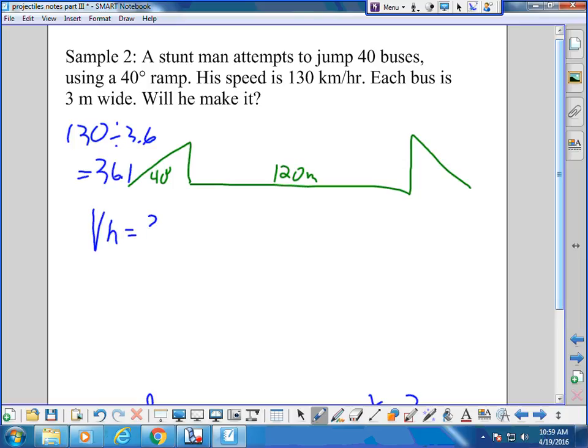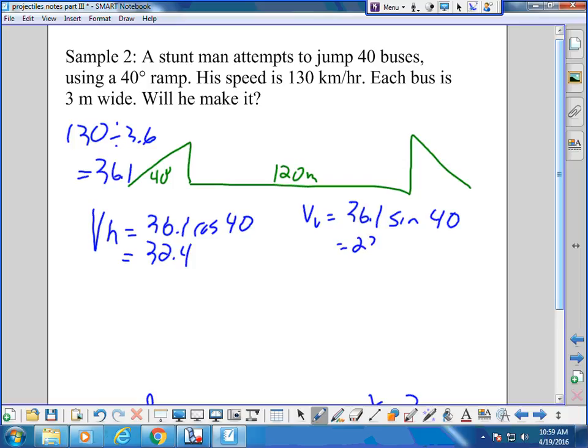So VH is going to be 36.1 cosine 40. VV is going to be 36.1 sine 40. Help me out if you would. Okay, and those are both meters per second.